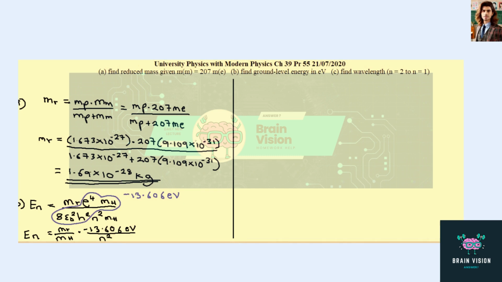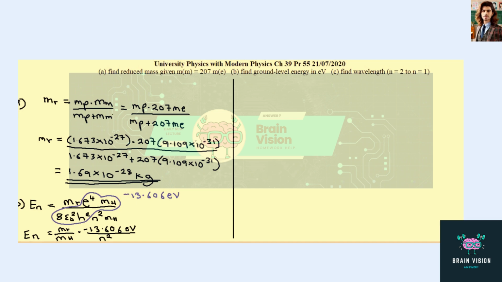Luckily for us, we found the reduced mass of the hydrogen-like atom. But how about the reduced mass of the hydrogen atom? Find that, and you can try this by using the same formula from the particles that make up the hydrogen atom.